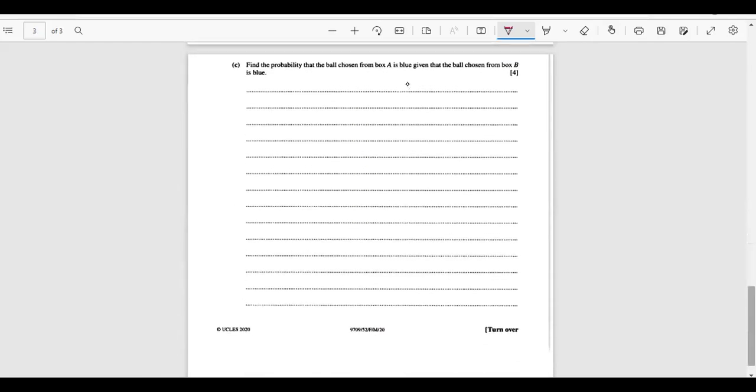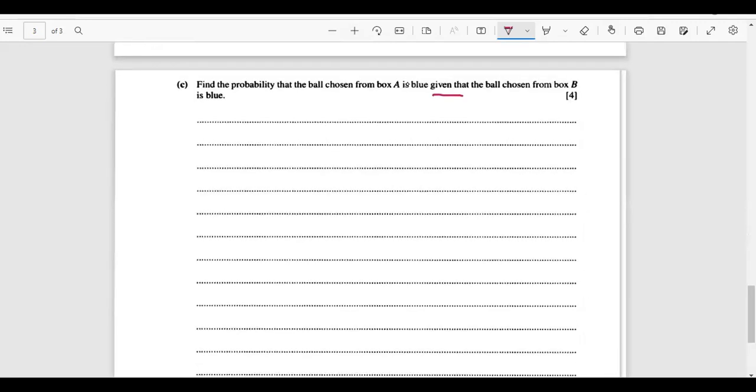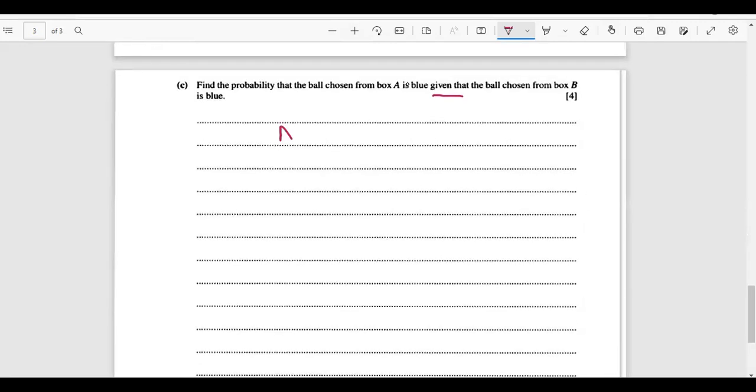Okay, and let's talk about this. Now we need to find the probability that the ball chosen from box A is blue, given that the ball chosen from box B is blue. So event A is that it is blue, and then event B is also that it is blue.